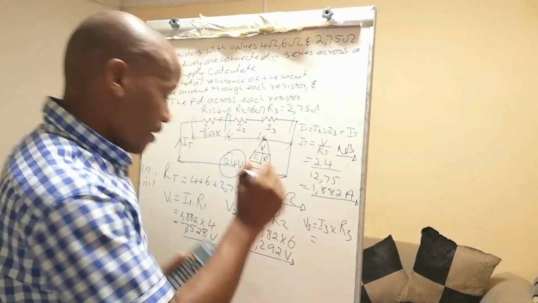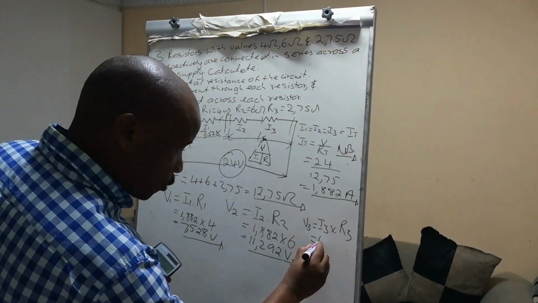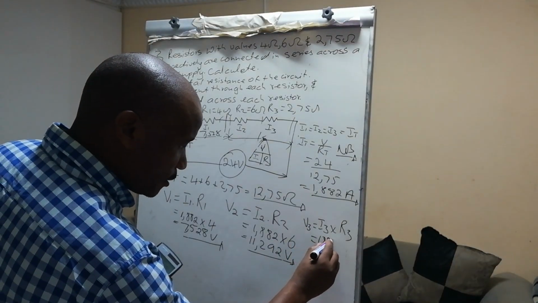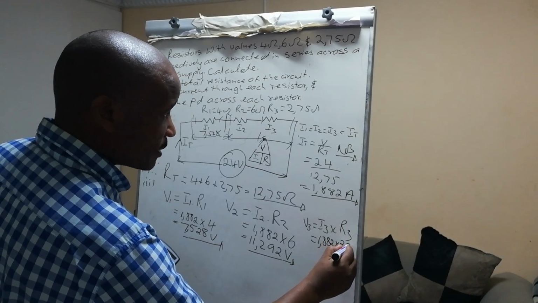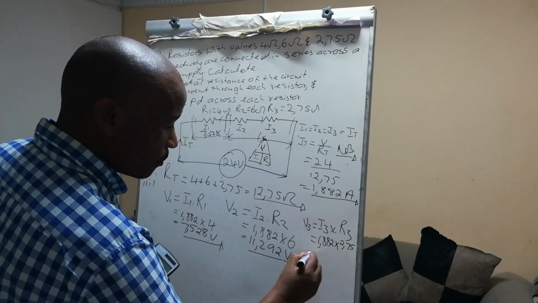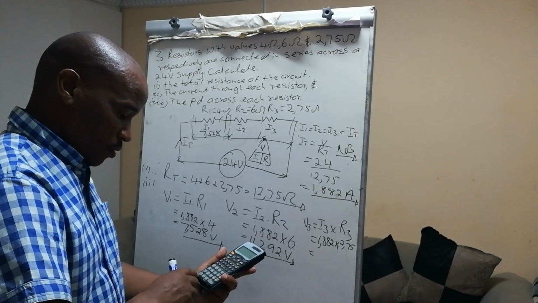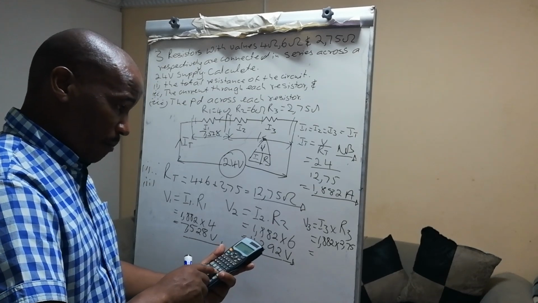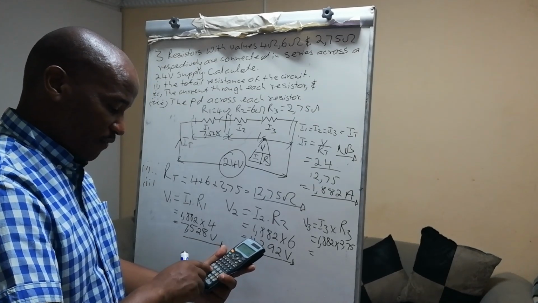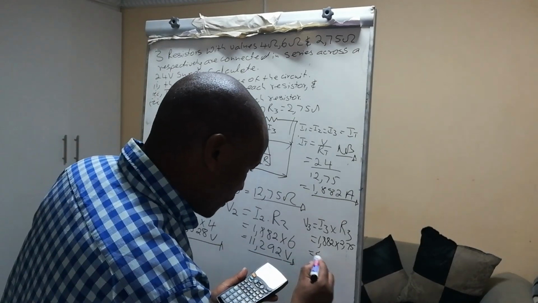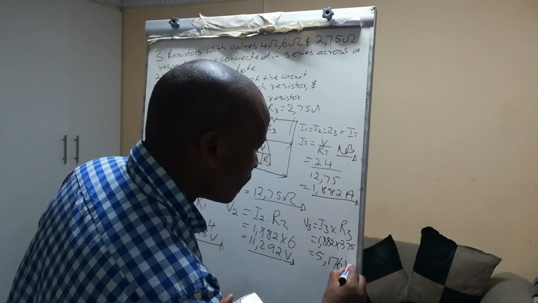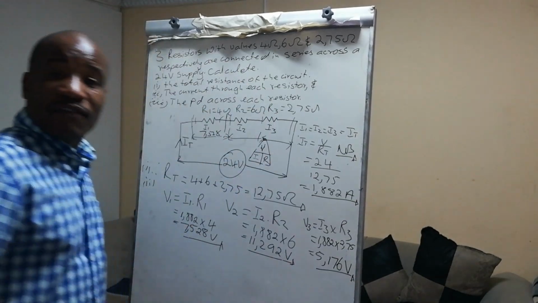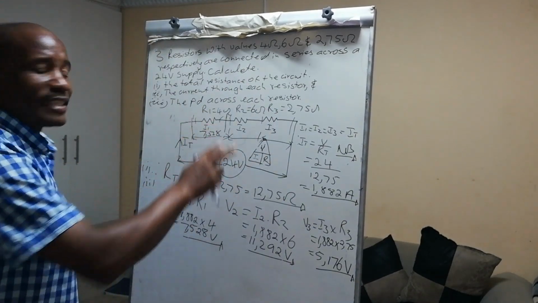And it's equal to what? 1.882 multiplied by 2.750 ohm. And it's equal to what? 5.176 volts. That's the voltage drop across each resistor.